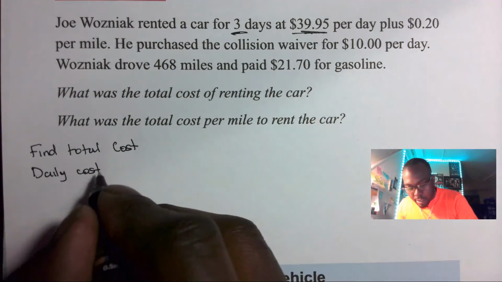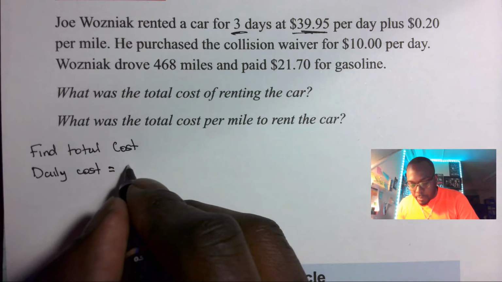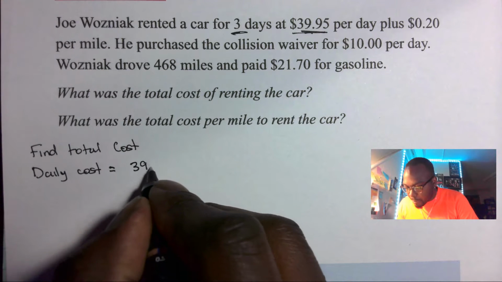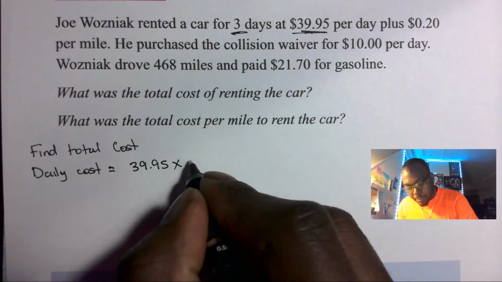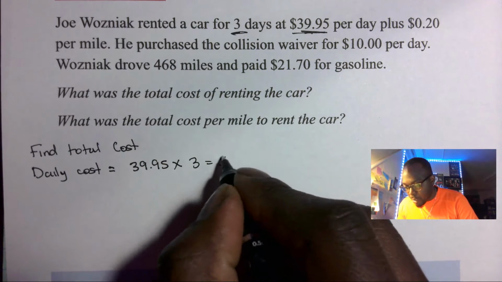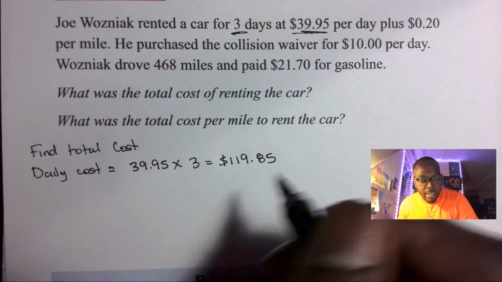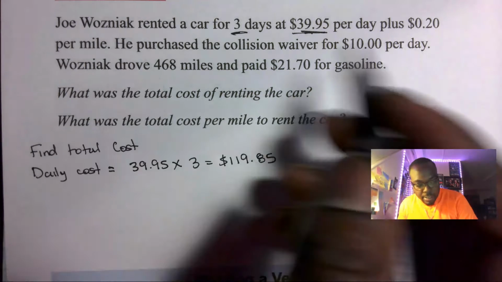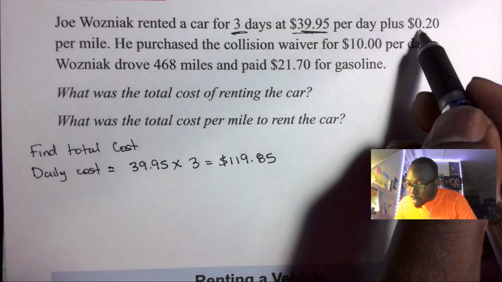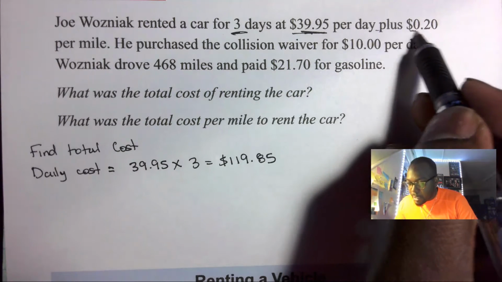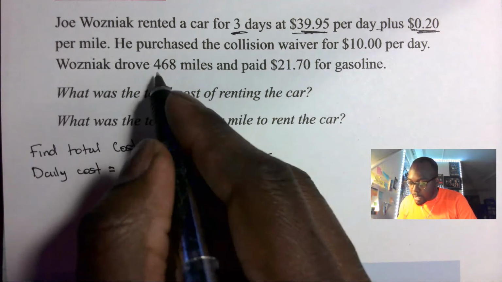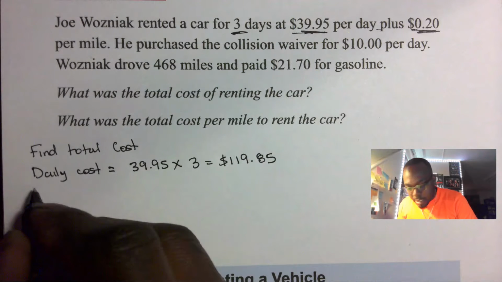So this is equal to 39.95 times 3, which gives me 119.85. Then the next thing is the mileage. It says it's plus 20 cents per mile. So what's the total mileage he drove? We're going to do the mileage cost.